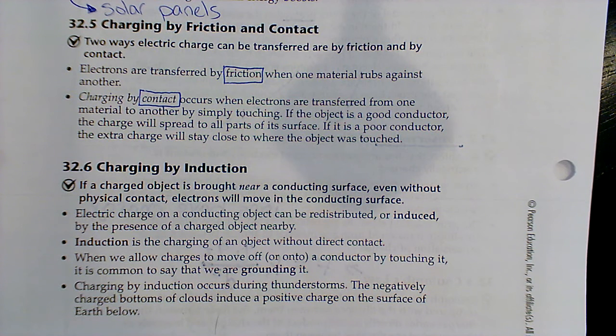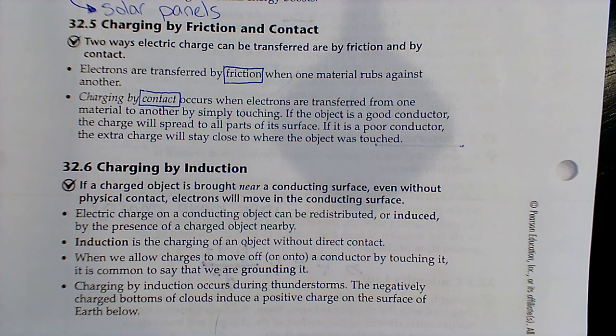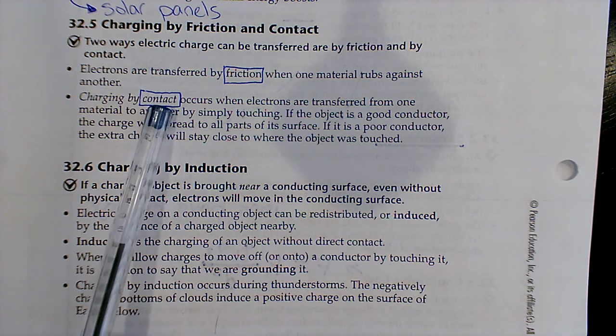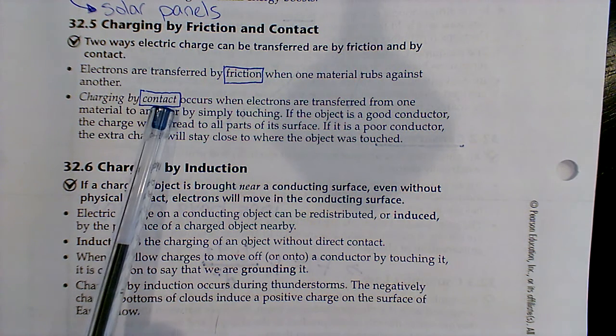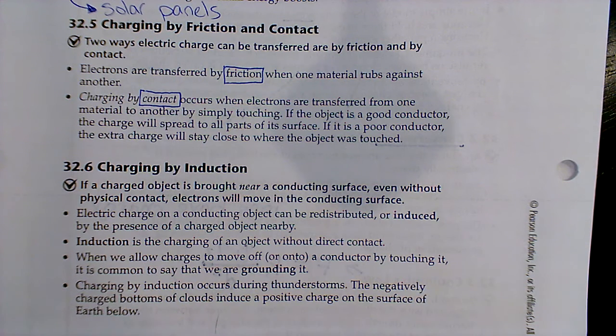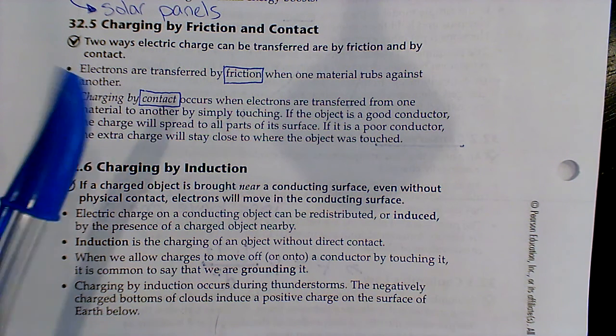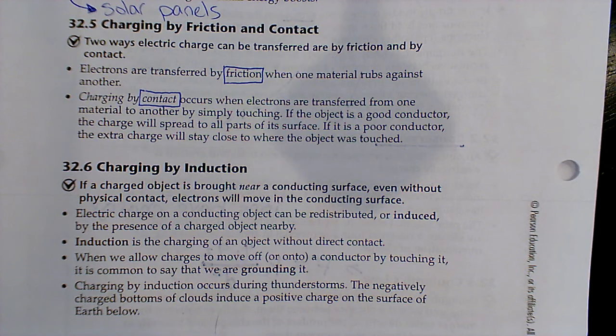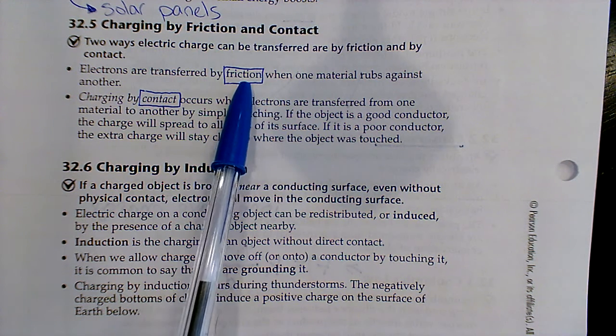If you touch a doorknob now, that spark is really electrons flowing from you to the doorknob. So now the doorknob that was neutral has picked up electrons because it contacted you. If it was neutral and picked up electrons, it's now negatively charged, right? So that's charging by contact. It's the contact with something that was already charged that makes it charged, not the friction, where it's a transfer from one thing to the other thing.